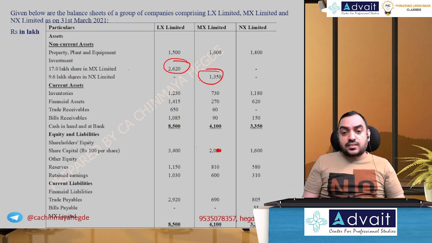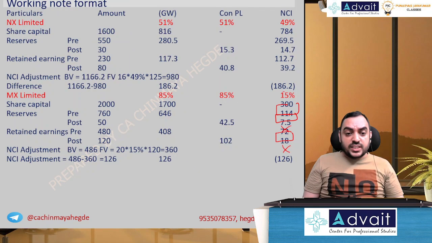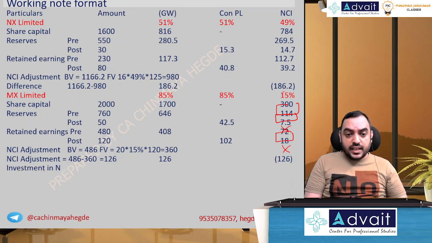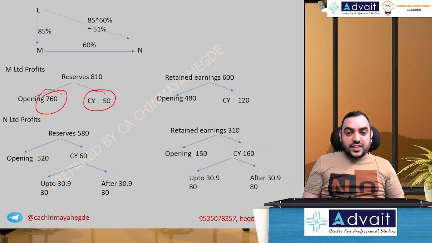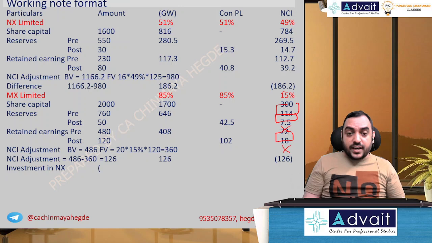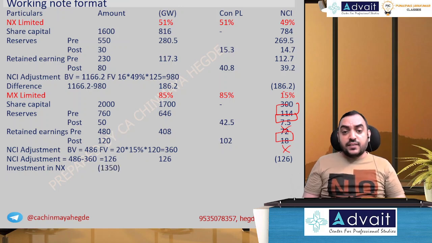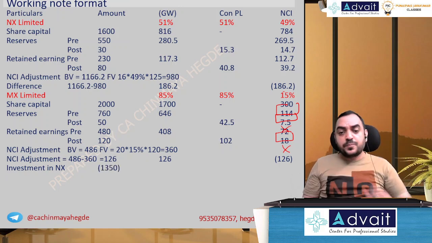This is one extra element that will come. So this investment by MX Limited in NX Limited, I'm writing under MX Limited. Investment is 1350. This you also divide within brackets, 1350, divide between same percentage, 85% and 15%.